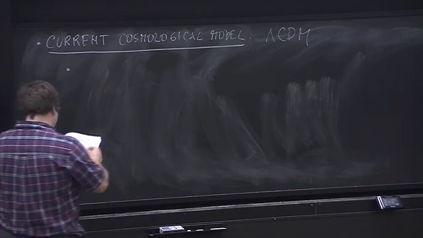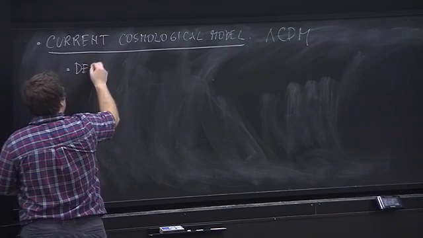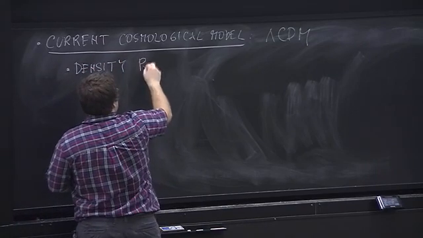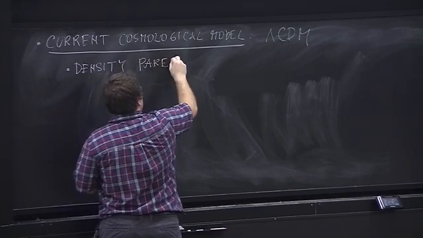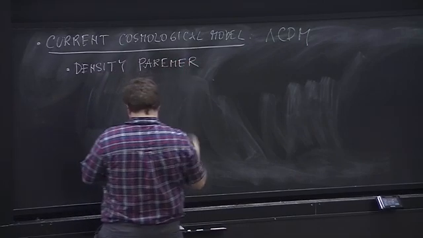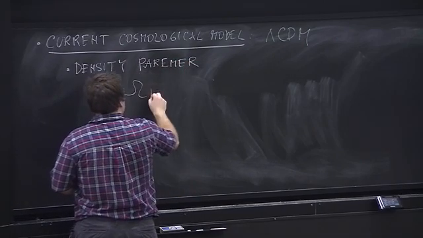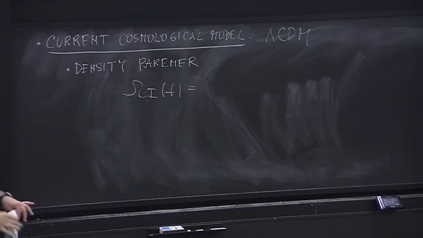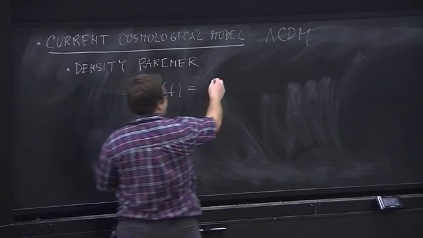As yesterday in your tutorial, let me introduce the density parameter, which is a dimensionless parameter. It will be the ratio of the actual density of the component I'm considering divided by the critical density.